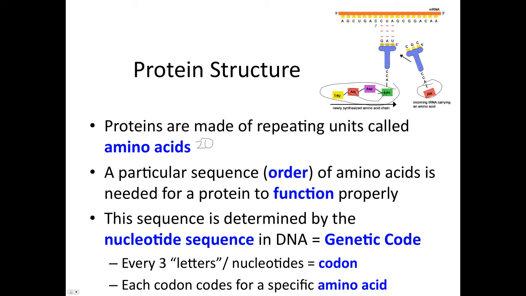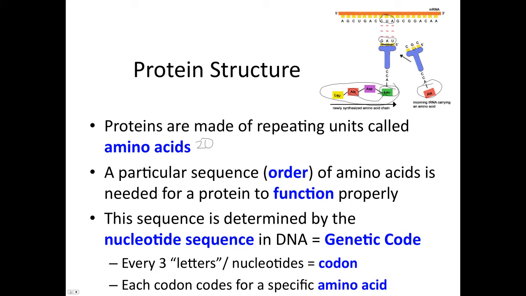Like we saw here, this 3-letter code has to match up with the message that we got from the original DNA. Each 3 letters is called a codon, which codes for a specific amino acid. Say the mRNA right here says CUA, that means that the anticodon right here, this code that matches up, is always going to bring this amino acid LEU.